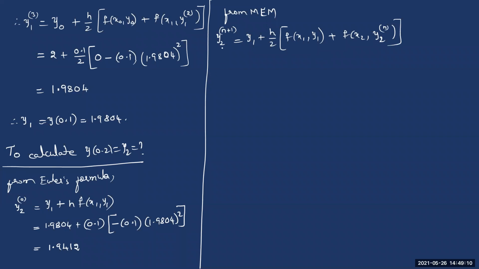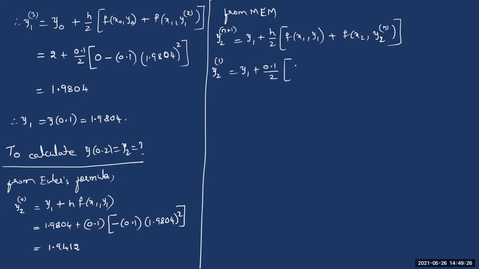Right. So now using this formula, if you take particularly n equals 0, we'll get the first approximation to y1. So y2 first approximation is equal to y1 plus h. How much? You see, h is 0.1 by 2 into f of x1, y1.